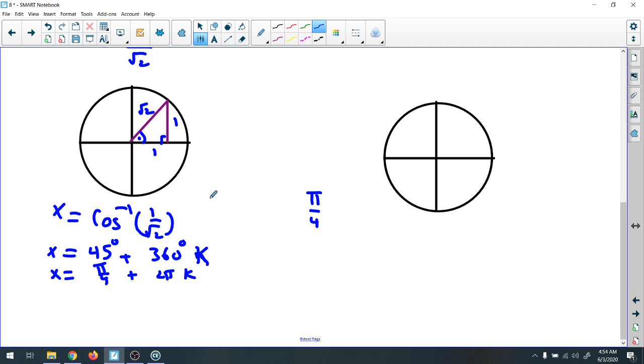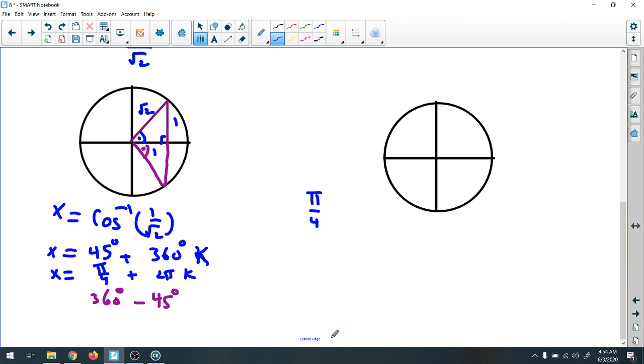The second solution: our 45 will be in here. Let's imagine it with me here. This is our angle here. So it will be in here, 45, and as we learned, it's 360 minus 45.